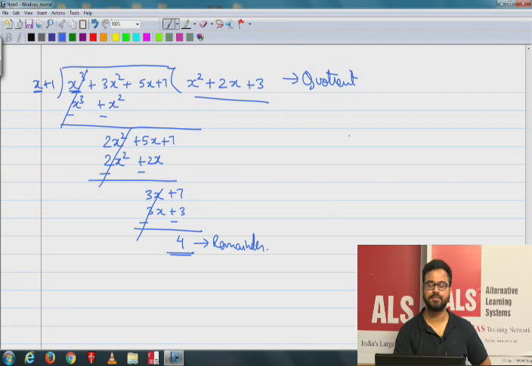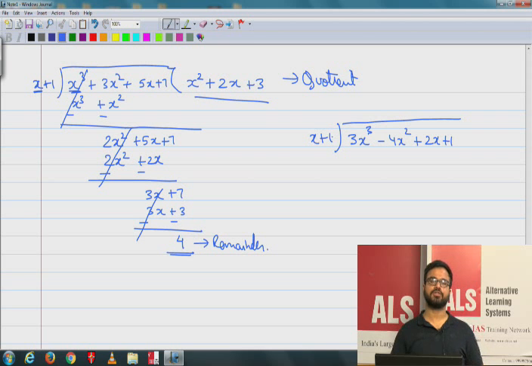Let's say the question is 3x cube minus 4x square plus 2x plus 1. You have to divide it by x plus 1. Do this question, all of you. 1 minute for you.